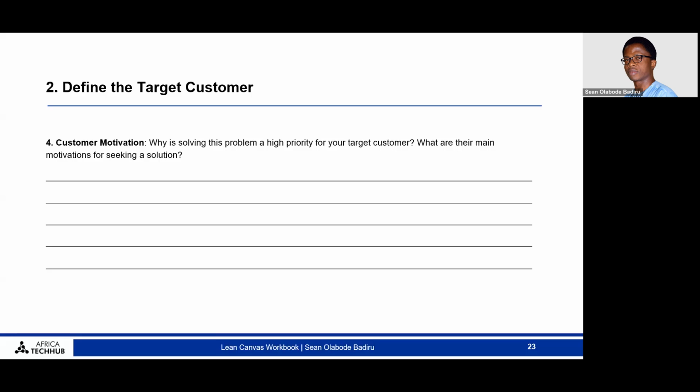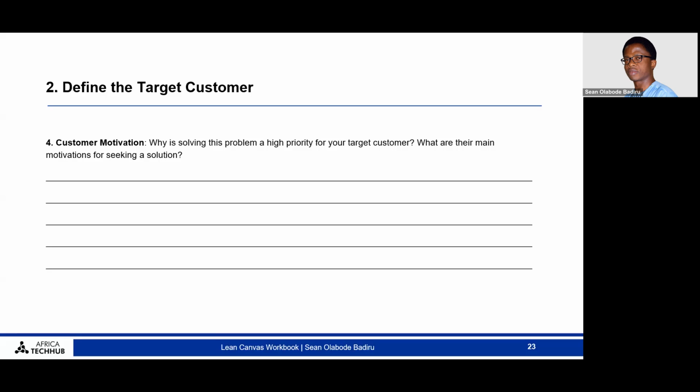Who can remind me of the problem again? Time and attendance, tracking time and attendance. Yes. So why is solving this problem a high priority to them? To minimize errors and stress of preparing payroll, to be compliant, some kind of regulatory compliance, to make sure they're getting value for money in terms of their workers.